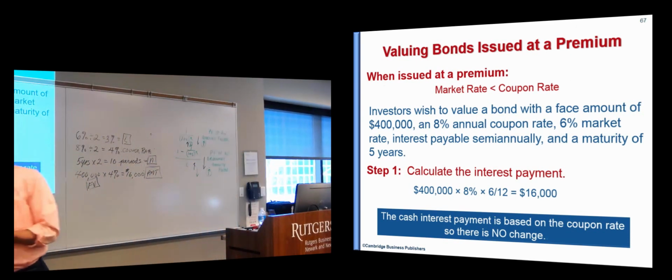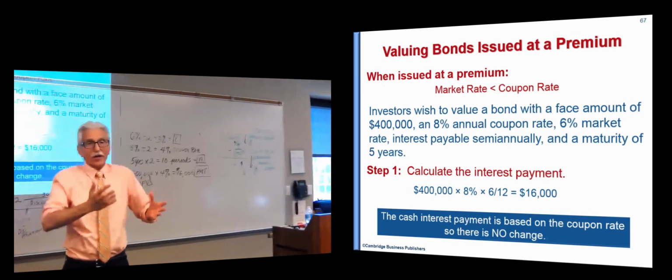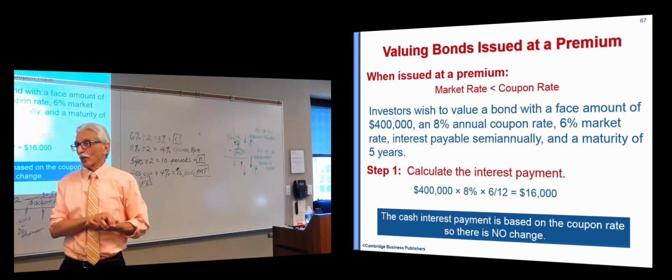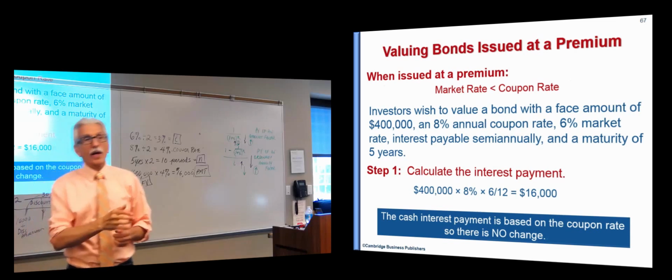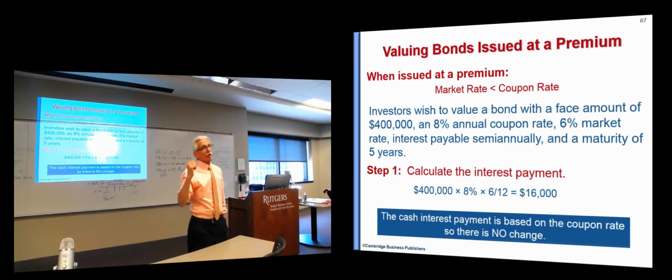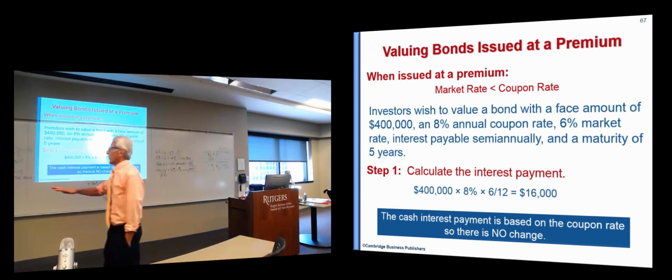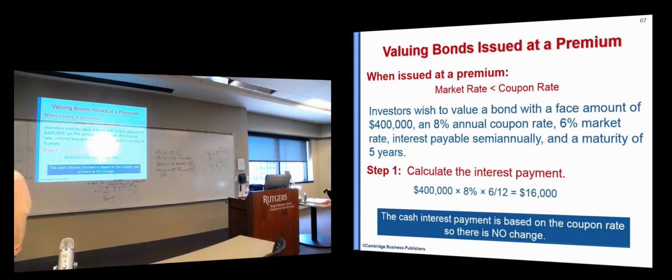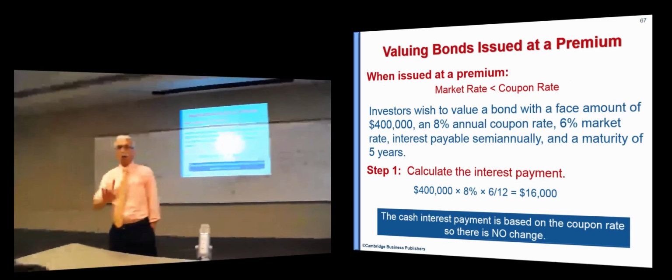That's why a lot of people do what? What do people do with mortgages when market rates go down? They refinance them. So in a lot of cases, you'll see that corporations will refinance also. Right now, if I've got a 6% bond, and those are also difficult for investors to understand sometimes, they buy a bond that's callable.